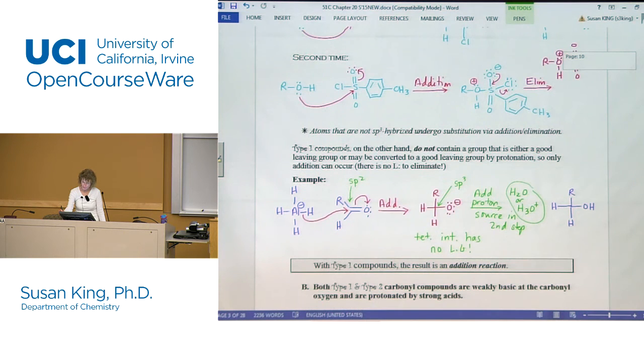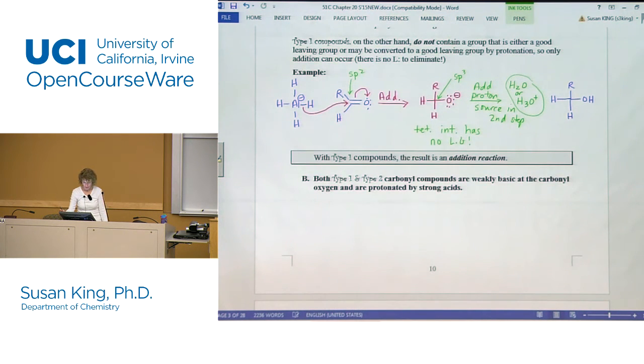So a little bit different there, but all the carbonyl compounds are electrophilic. What else do they have in common? Type 1 and type 2 carbonyl compounds are weakly basic at the carbonyl oxygen and are protonated by strong acids. So let's draw that, and I'll choose an ester here.